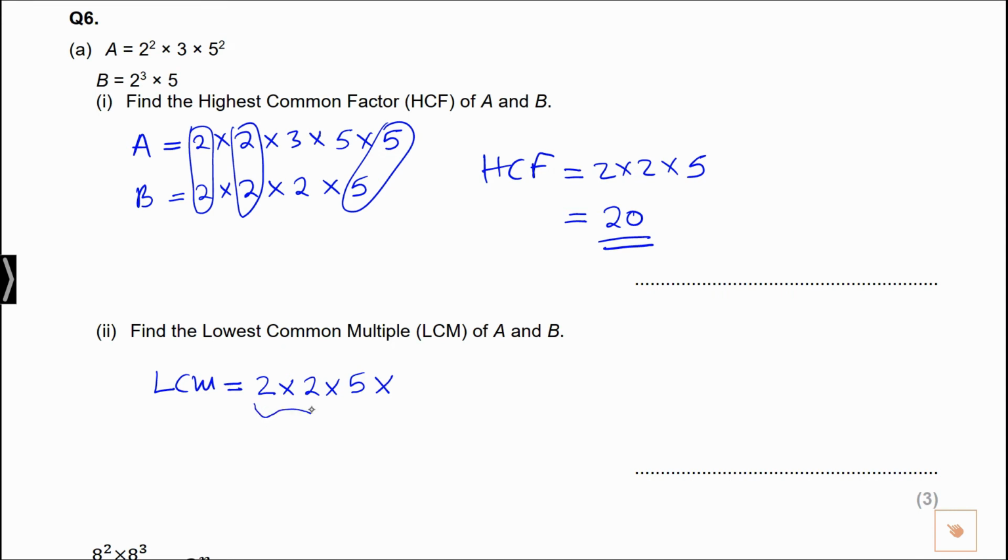And then we just multiply the numbers that are left to get the lowest common multiple, because the lowest common multiple is the answer that both of them will have at the end. So basically, we have 2 multiplied by 2 multiplied by 5, and then you multiply the remaining numbers. So here we'll have by 2, by 3, by 5, and what you end up with is 600, and that's the required answer.